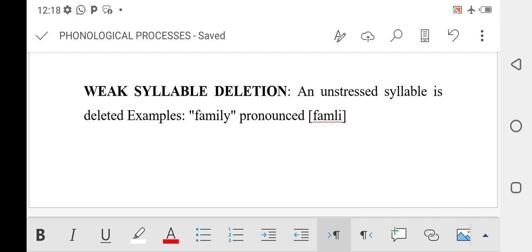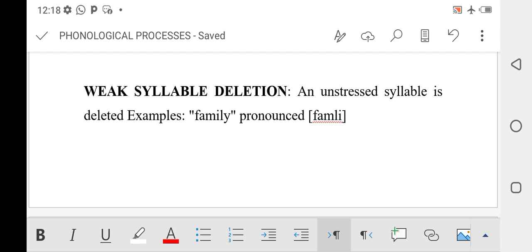In an unstressed syllable, we have an unstressed vowel sound. So most often when we produce a word, if it is more than one syllable, one particular syllable takes the stress. The ones that don't take the stress are called unstressed syllables. The one that takes the stress is called a stressed syllable.